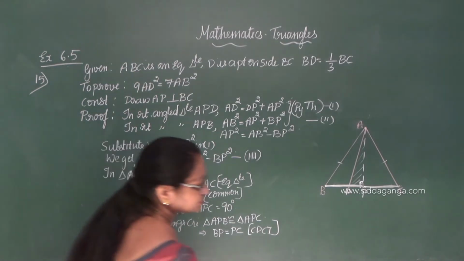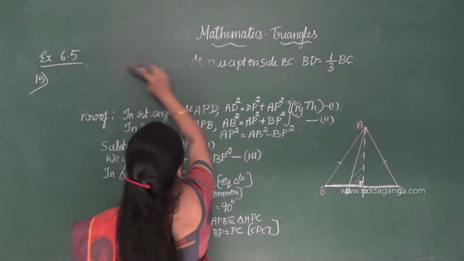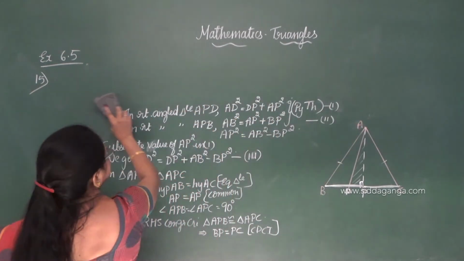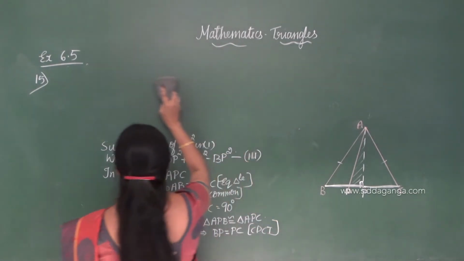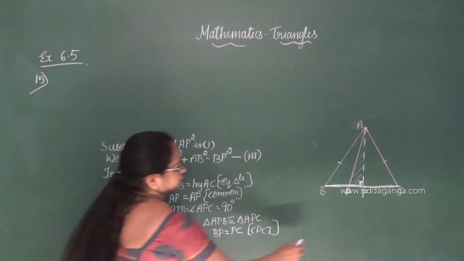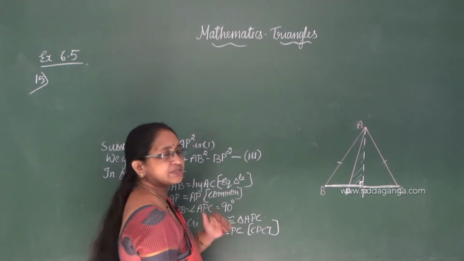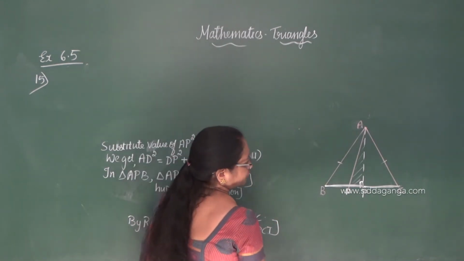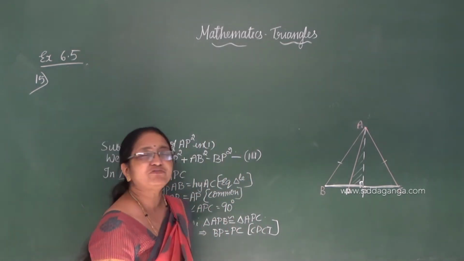Before that, I will just rub out this construction. Now here we can say that P is the midpoint of BC. Therefore, we can write BP is equal to half of BC.